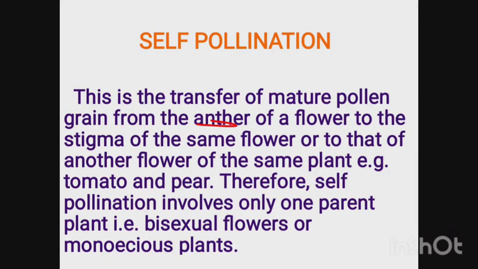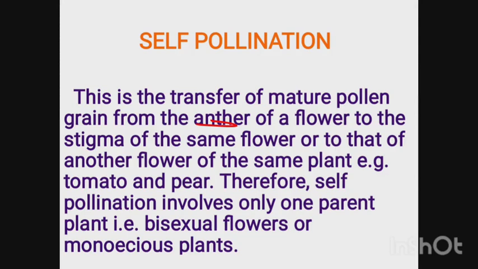Therefore, self pollination involves only one parent, that is a plant, and usually occurs in bisexual or monoecious flowers. What this means is that self pollination involves only one parent because it's the transfer of mature pollen grains from the anther of a flower to the stigma of the same flower. All right, so the flower must be the same.